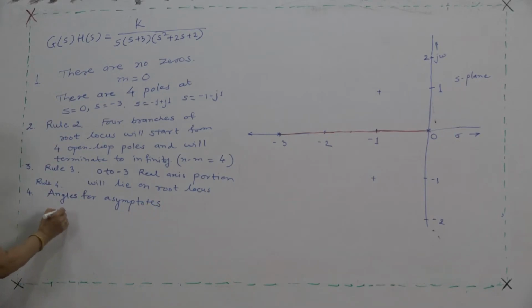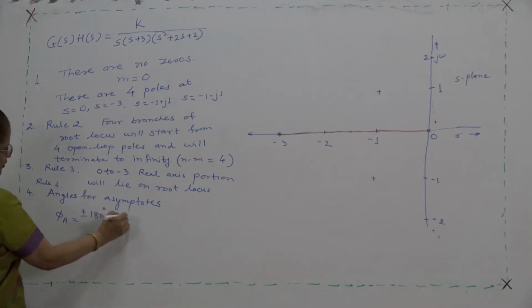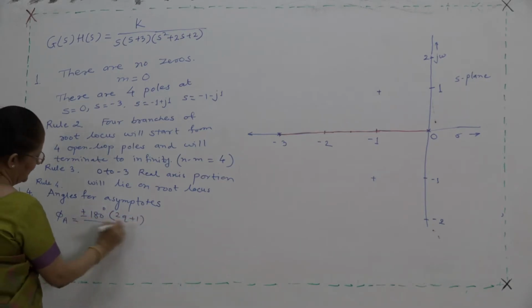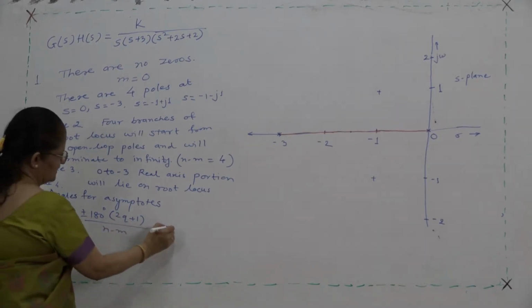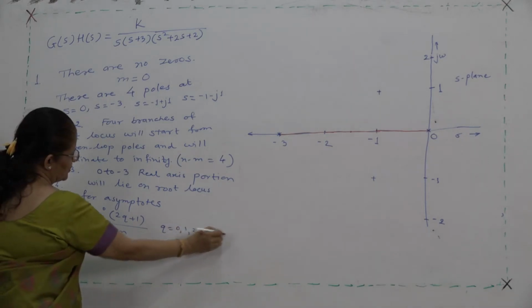What is the formula? Phi A is equal to plus minus 180 degrees into (2q plus 1) upon (n minus m). This is the formula where q varies from 0, 1, 2, and so on.